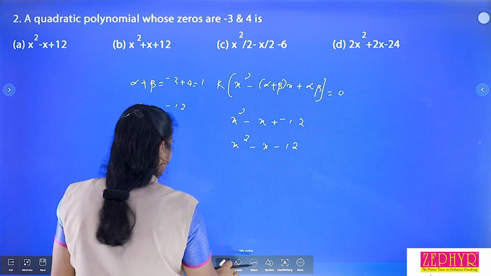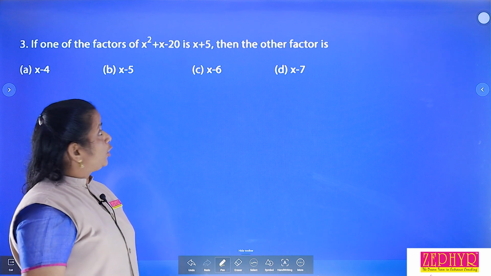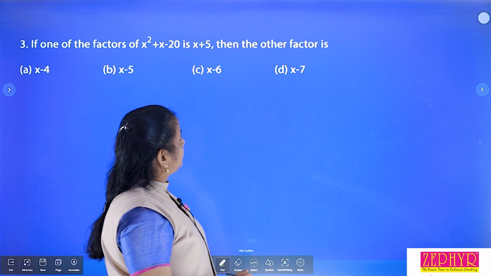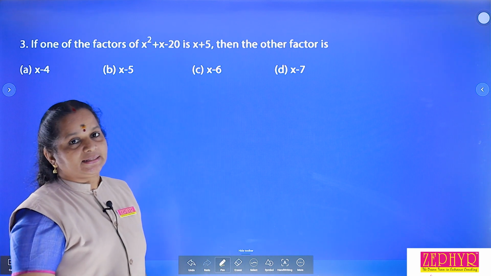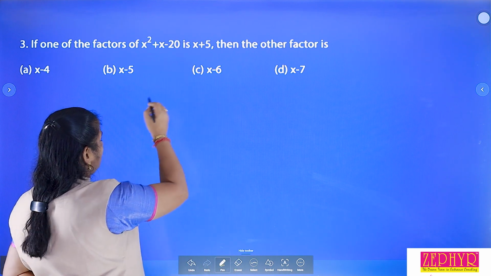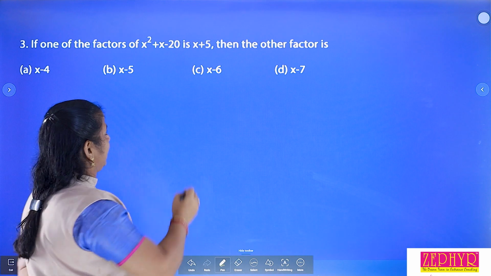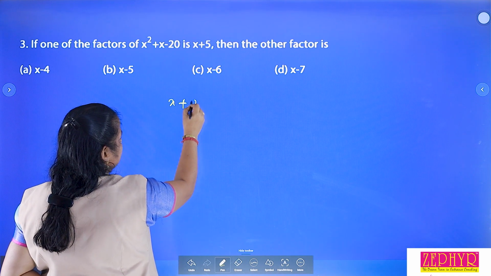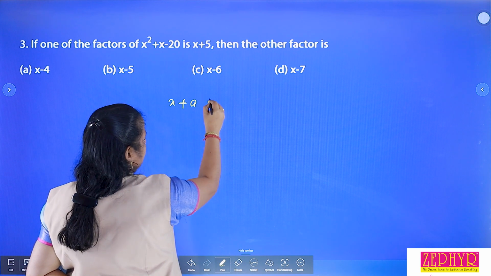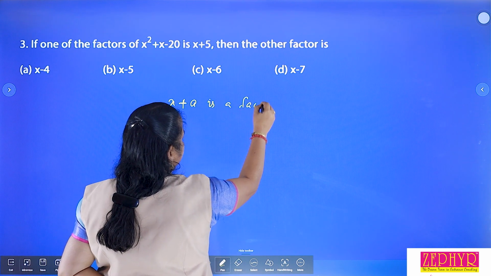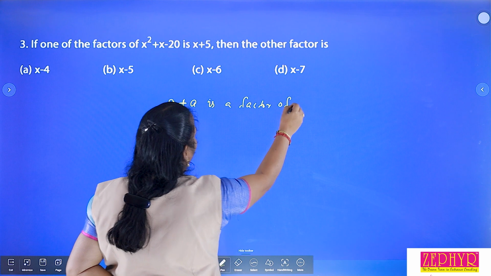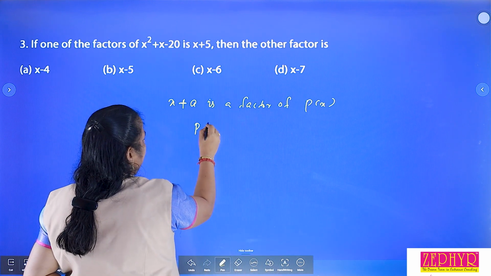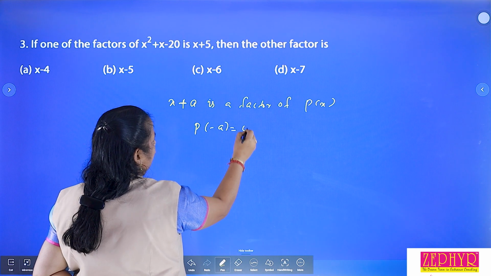Okay, the next question. If one of the factors of x square plus x minus 20 is x plus 5, then what is the other factor? x square plus x minus 20. There is a theorem: if x plus a is a factor of p of x, then we can say that p of minus a is equal to 0.